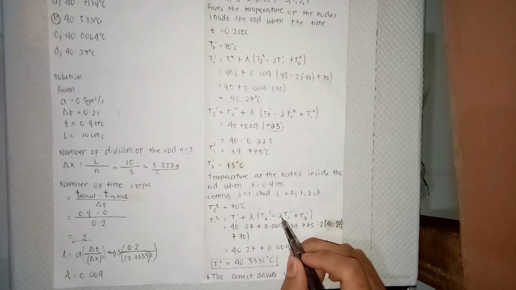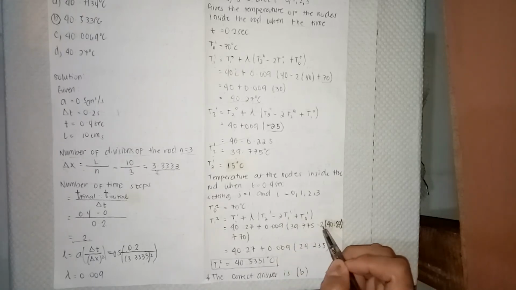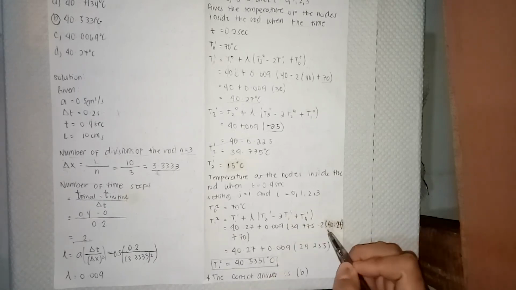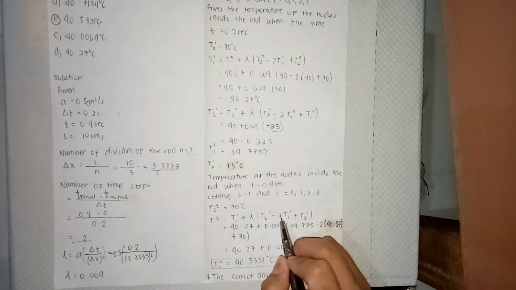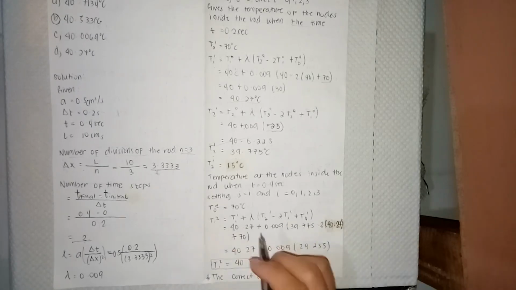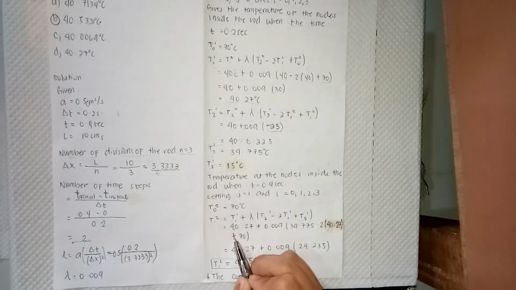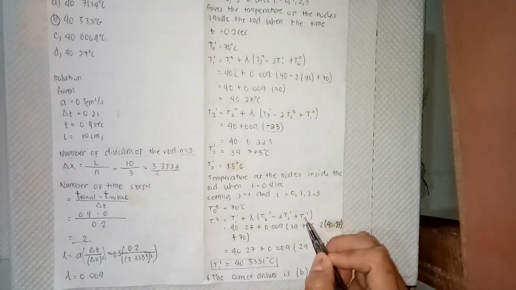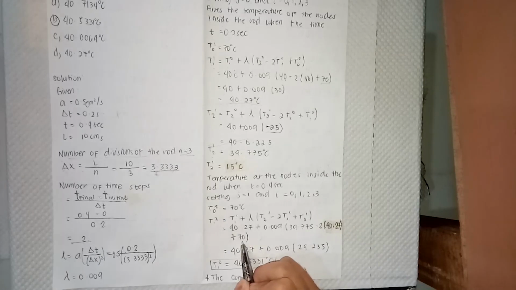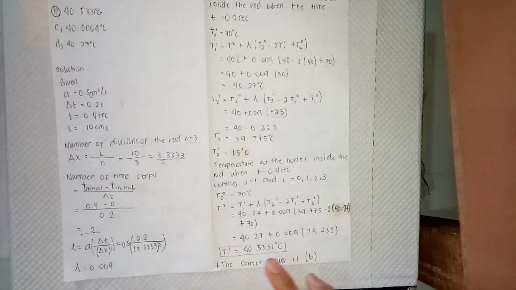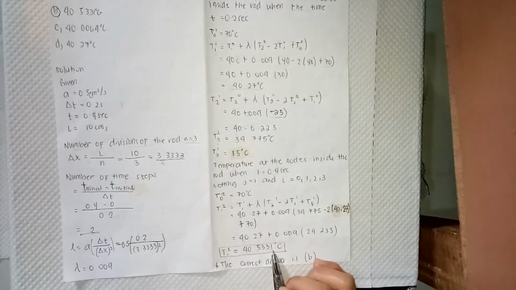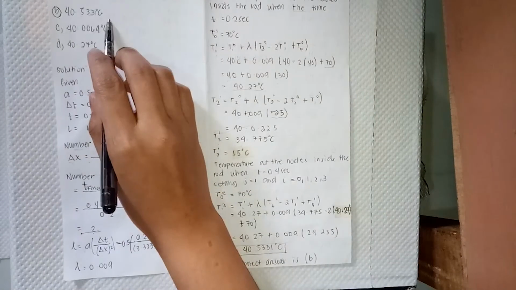And then our temperature 1 is 40.27. We need to multiply that by 2, and then we need to add the temperature at node 0, which is 70. So let's input it in our calculator, and we will get the answer of 40.5331. So the correct answer is letter B. So that's all for our first question.